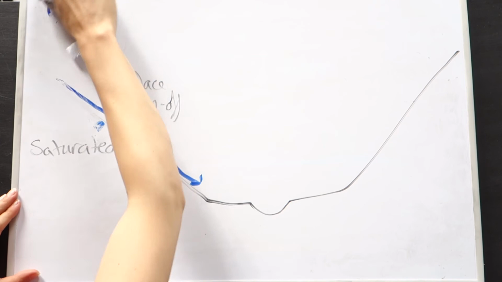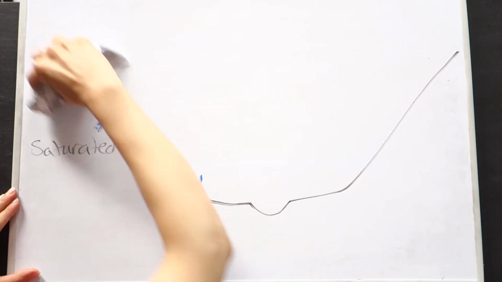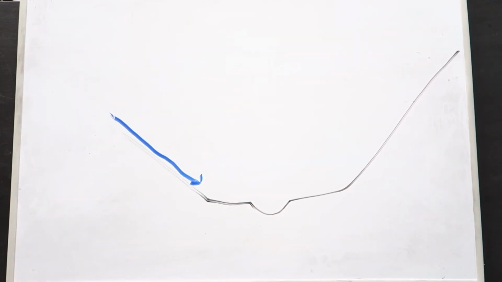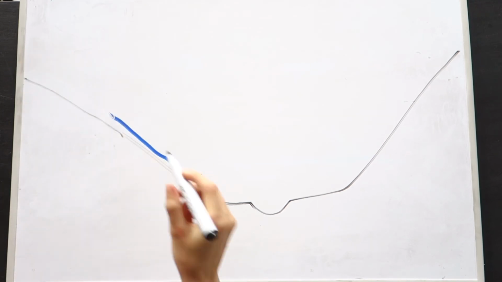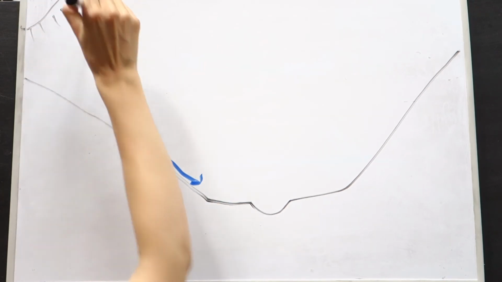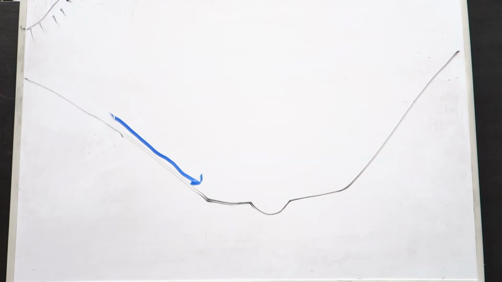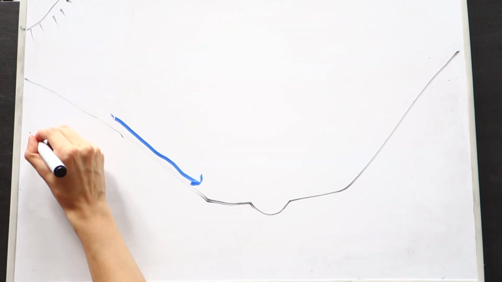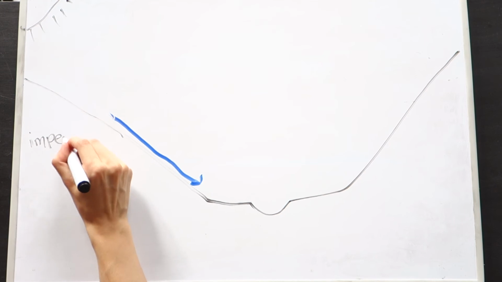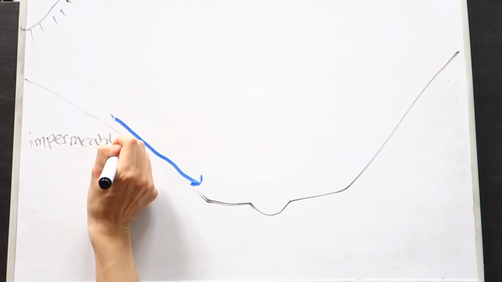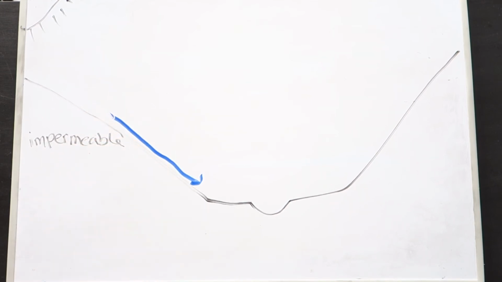Equally, if there is a prolonged period of high temperature, the soil becomes really dry. And when soil is dry, those air gaps get smaller. And it becomes impermeable. That means it doesn't let any water through anymore.